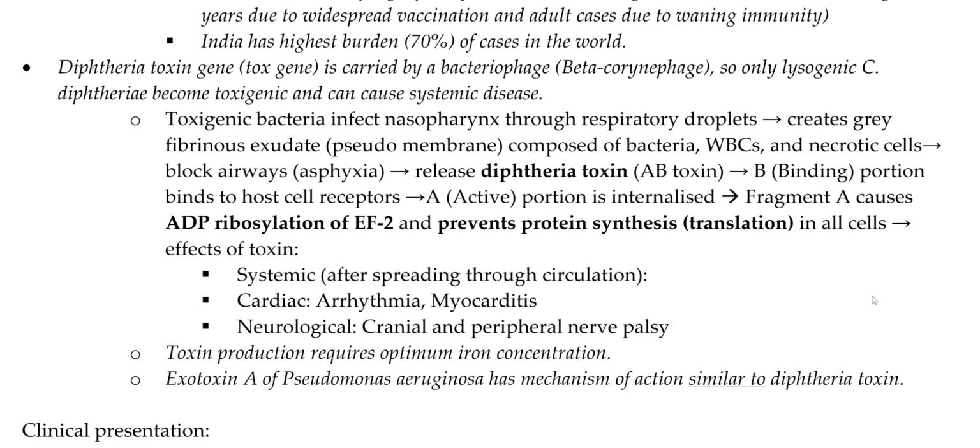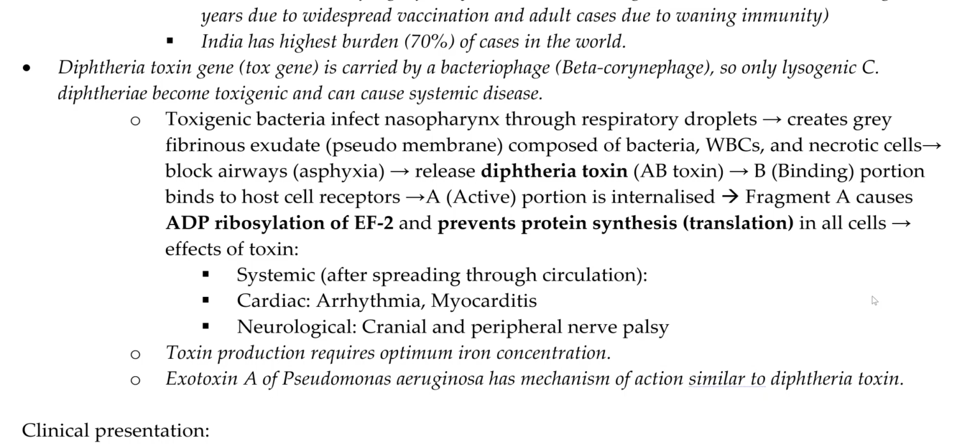So what happens is the toxigenic bacteria infect the nasopharynx through respiratory droplets. It creates necrosis and gray fibrinous exudate, which is known as pseudomembrane. Pseudomembrane is usually necrosed tissue which has dried up bacteria and WBCs. And if this pseudomembrane covers the airway, it blocks the airway, causing airway obstruction and asphyxia.